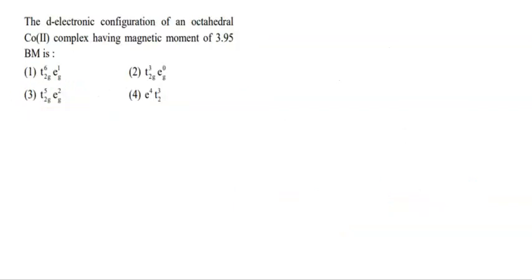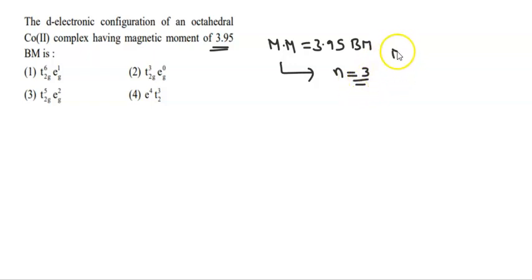And the next one: the d electronic configuration of an octahedral cobalt-3 complex having magnetic moment 3.95 BM is. If the magnetic moment is 3.95 BM, we know that the number of unpaired electrons is 3. We have the formula for the magnetic moment: square root of n into n plus 2 BM.